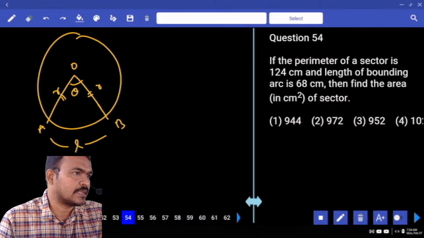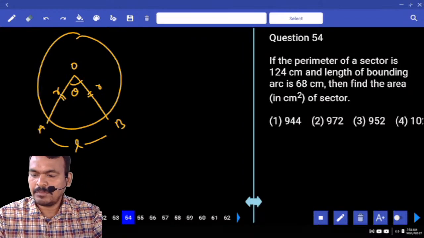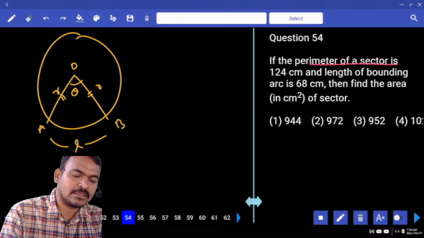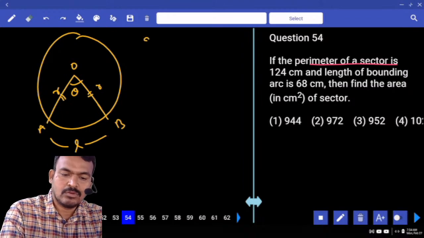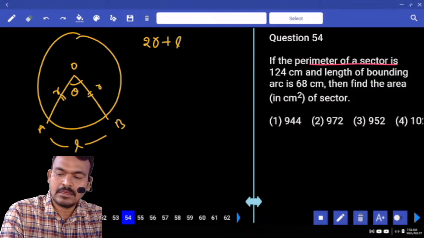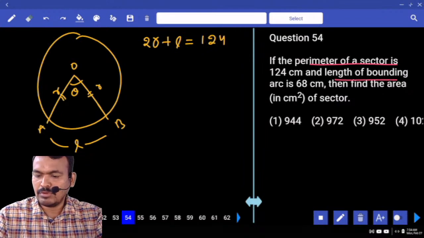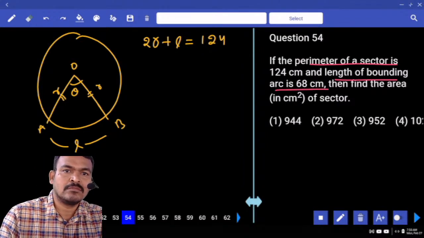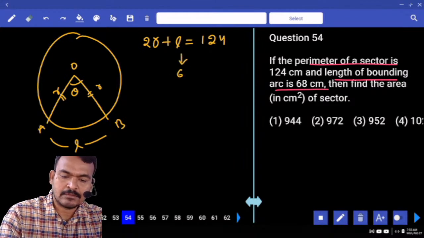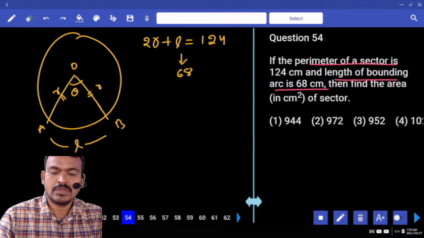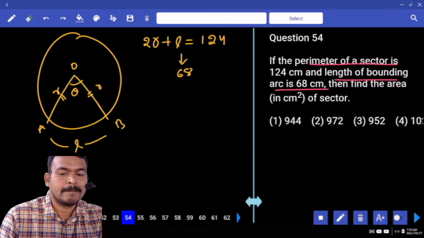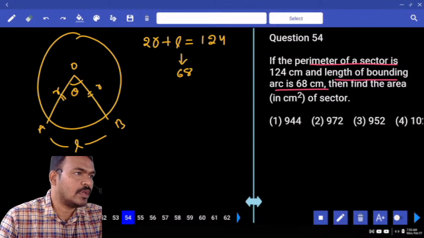The perimeter of a sector means the sum of the three sides, 2R plus L, equals 124. The arc length L is given as 68. 124 minus 68 is 56, so 2R equals 56.